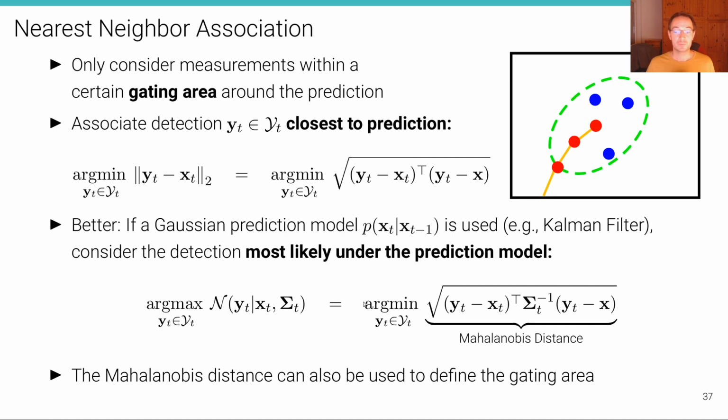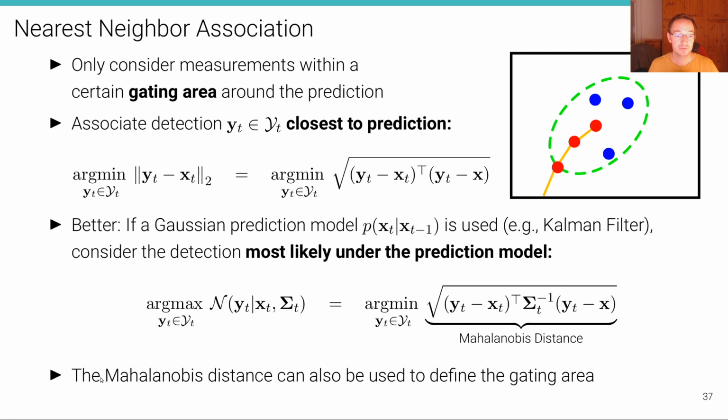This corresponds to the so-called Mahalanobis distance, which is basically what is in the exponential of the Gaussian distribution, with the covariance matrix in the middle. So instead of just taking the closest prediction in the L2 sense, we can now take the closest prediction in terms of this ellipsoidal, non-isometric distance based on this covariance matrix.